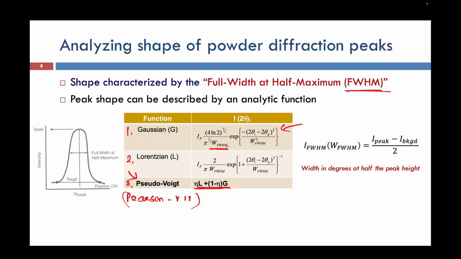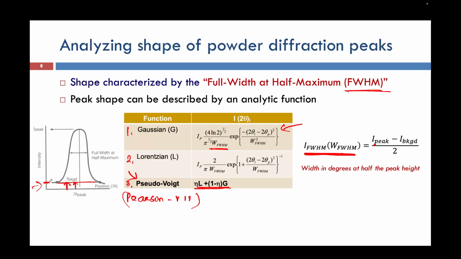Here, if you can see, I peak minus I background. So what is I background? If you look at this left side picture, I background is the intensity that you are getting. This background is called I background because it is coming due to diffuse scattering, and it will always be associated with our peaks.